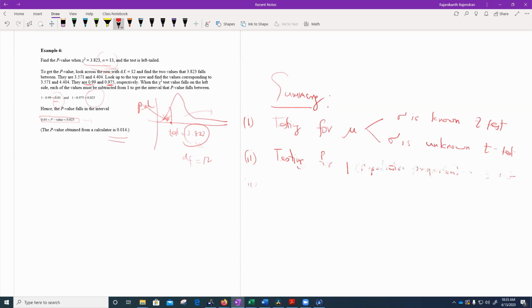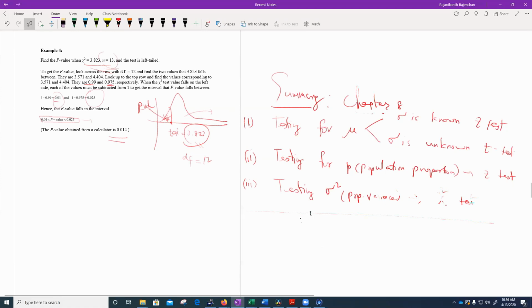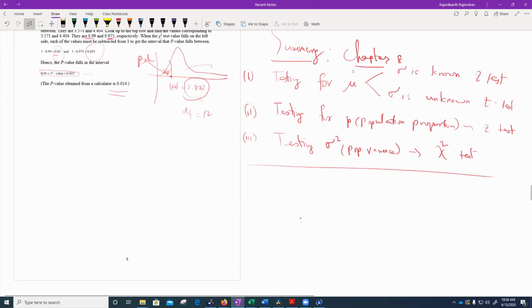Then today we saw testing of the population variance. What kind of test did we use here? We used the chi-square test. These are the things we learned in this chapter 8.